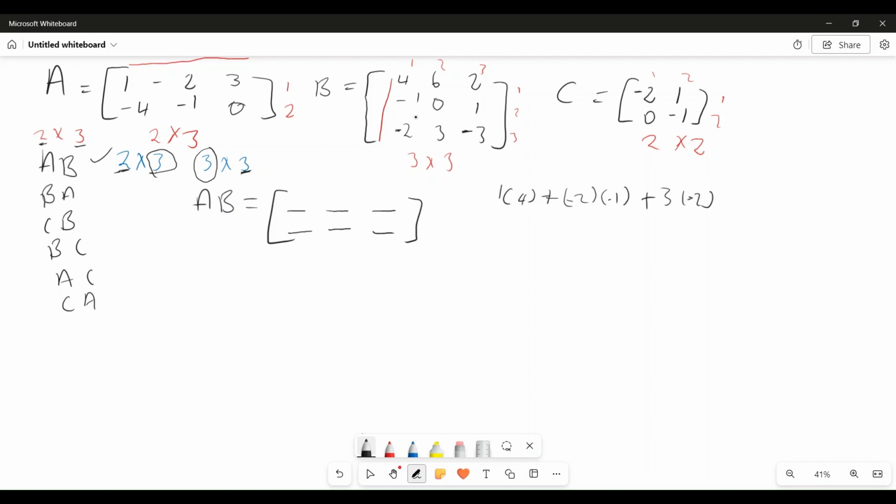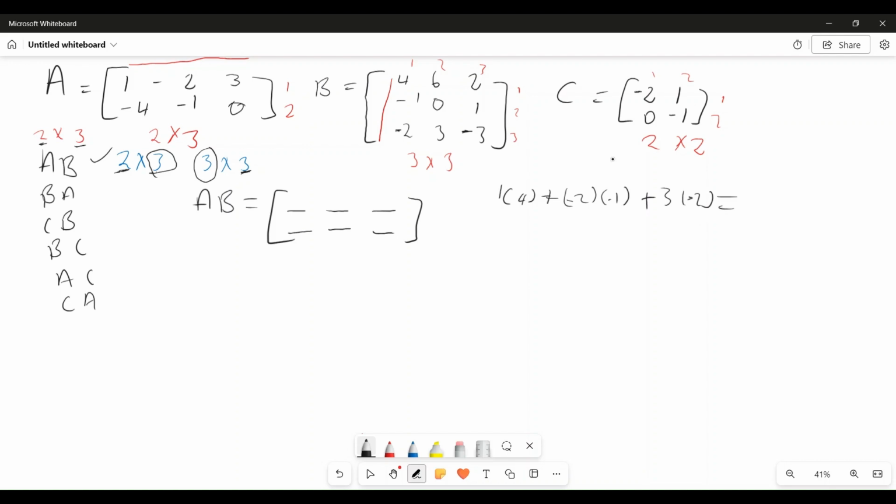If you notice, I take the number in the row of A and multiply it with the number in the column of B. So 1 multiplied by 4, then I take the second number in the row of A, minus 2, and multiply it with the second number in the column of B. Then I take 3 multiplied with the negative 2 in the column of B. That is how you compute the product of matrices.